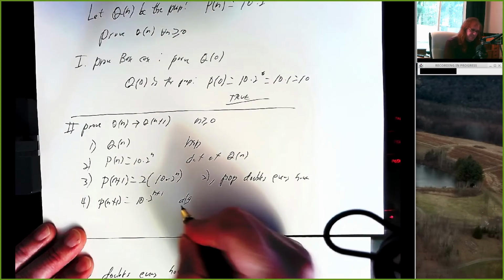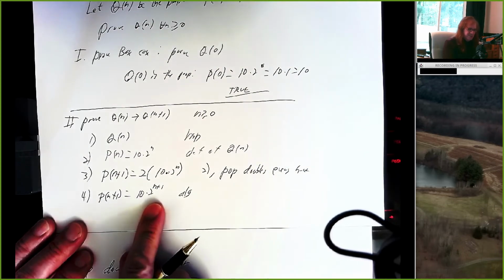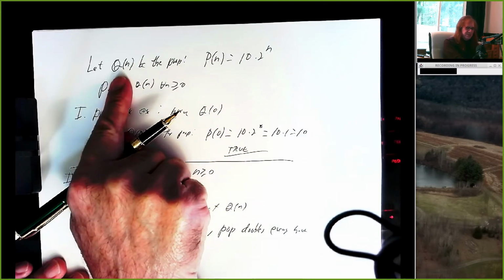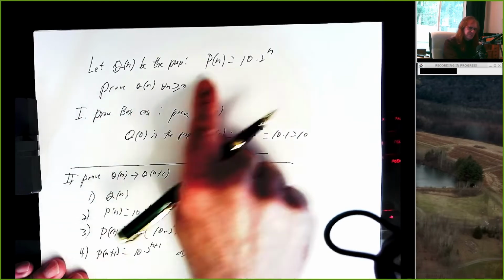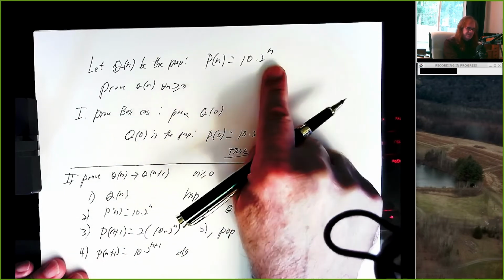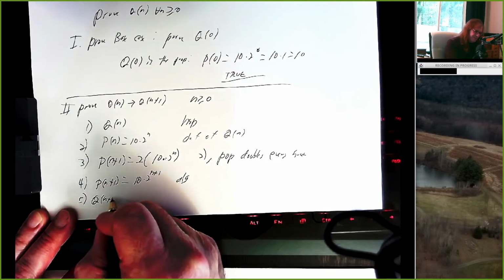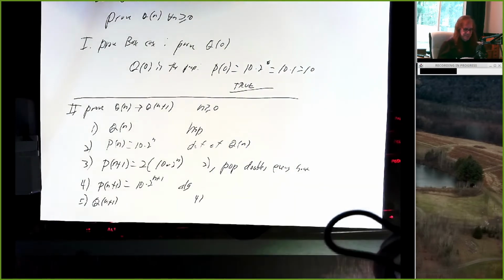That's just algebra. And we've just proven the population at n plus 1 is 10 times 2 to the n plus 1. Well, that's what the proposition Q of n plus 1 says. Q of n plus 1 says population at time n plus 1 is 10 times 2 to the n plus 1. And we've just shown that's true. So we've proven Q of n plus 1 because that's what statement 4 says.